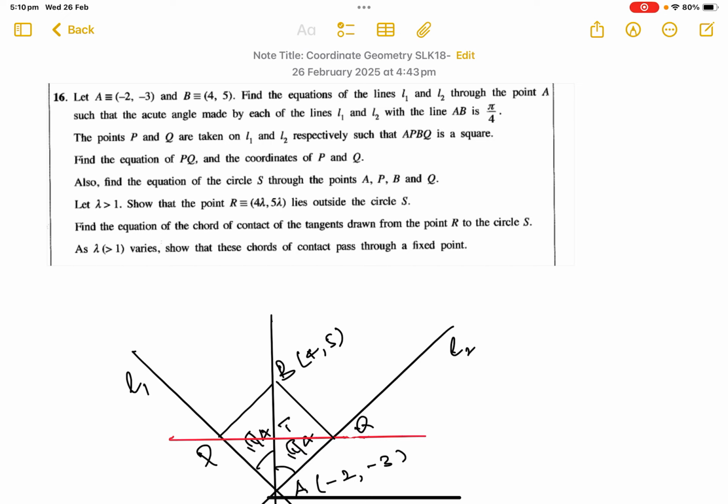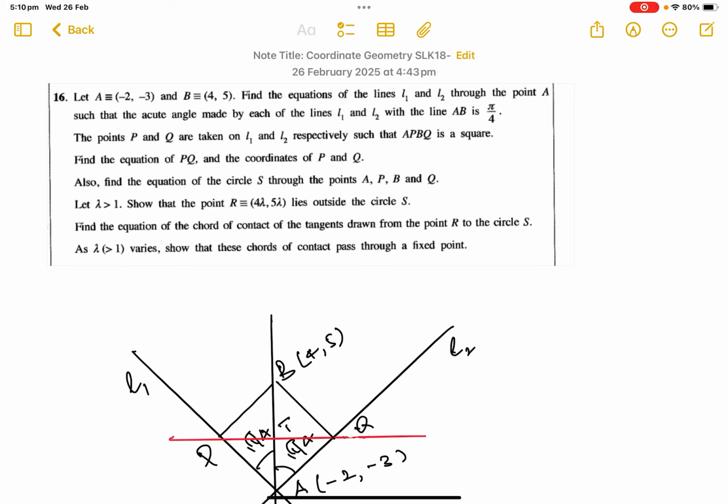The points P and Q are taken on line L1 and line L2 respectively, such that APBQ is a square. Find the equation of PQ and the coordinates of P and Q.